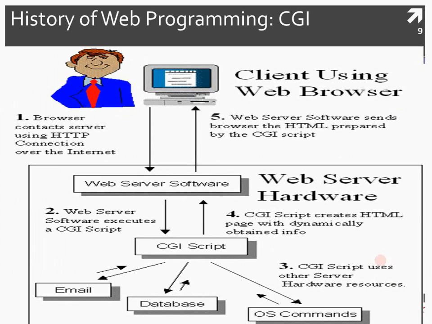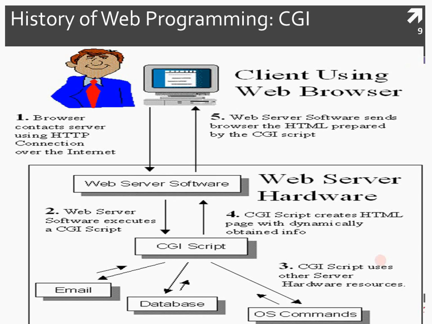Here, if we see, the browser contacts the server using an HTTP connection over the network. The browser is nothing but a client. It will connect to the internet through HTTP. HTTP will further go through the web server software which executes the CGI script. CGI scripts will then go through email, databases and operating system commands which use server hardware resources.